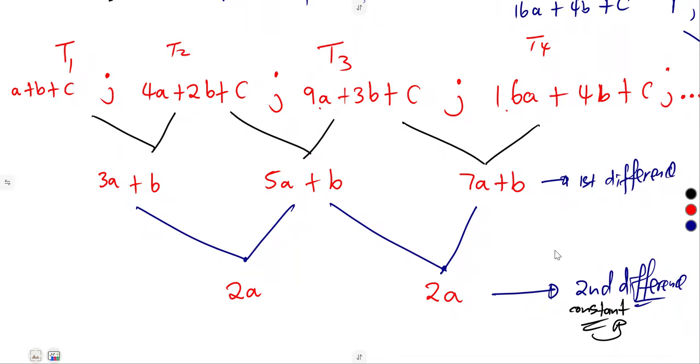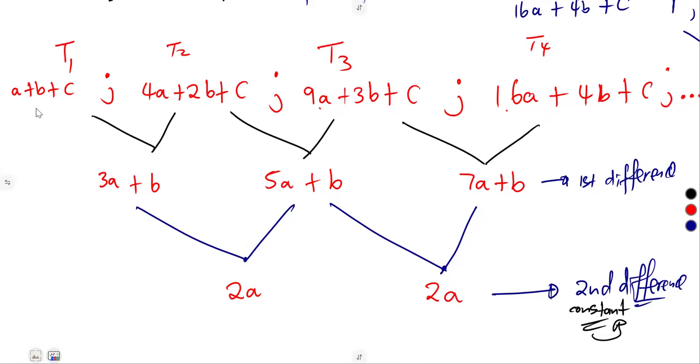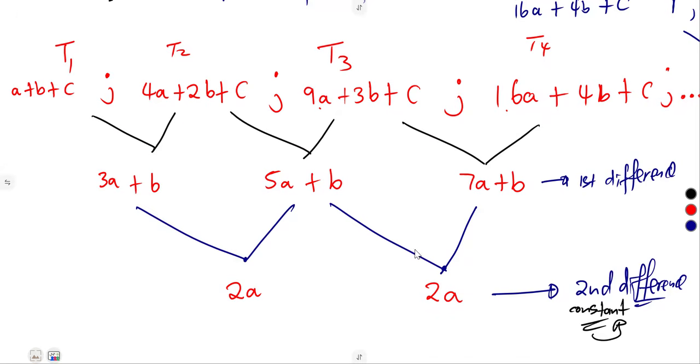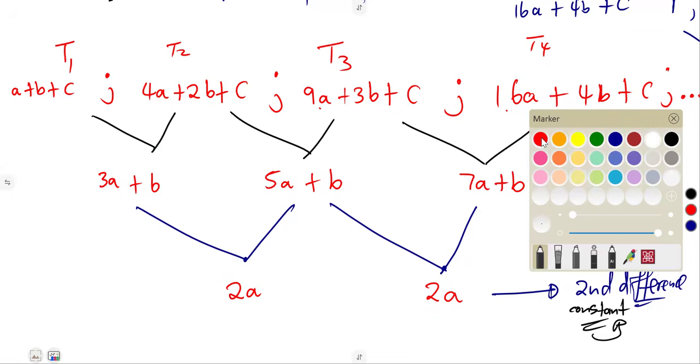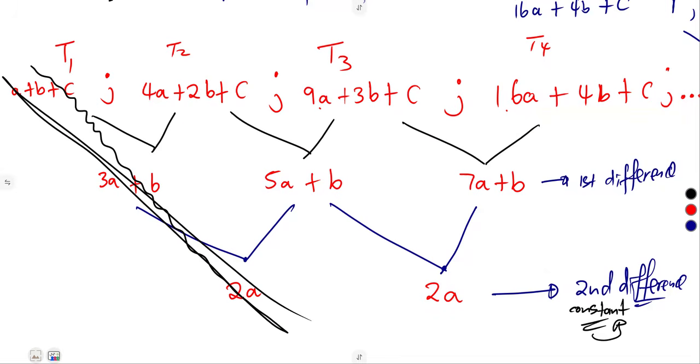So once you understand this, you're going to notice that the 2a here represents the second constant difference. All right? So this is what you're going to do. You'll be given your numbers. You are going to take these terms along this slanted line, remember those lines that we had.